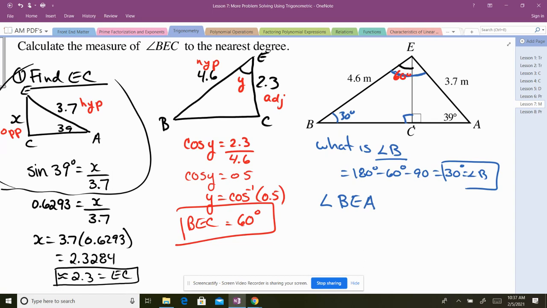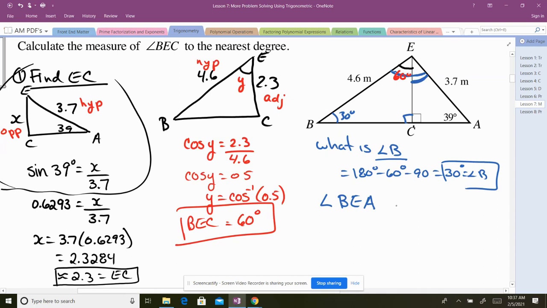So how am I going to find angle BEA? Who said 111? Is that what you're going to say? Yes. So I heard somebody else say that too. So find this angle right here, right? How am I going to find that?